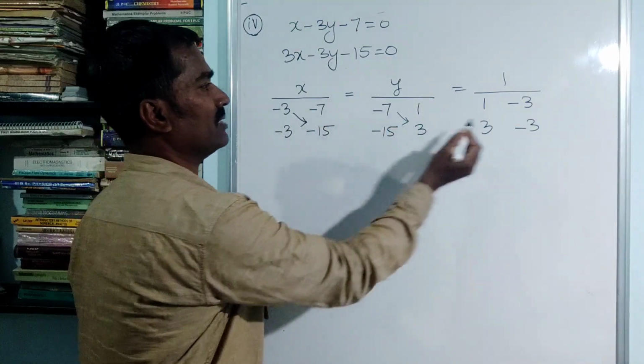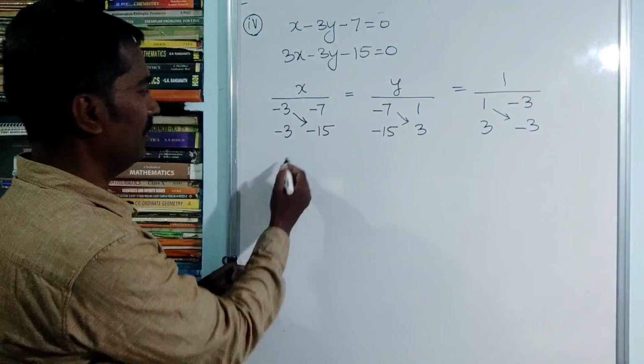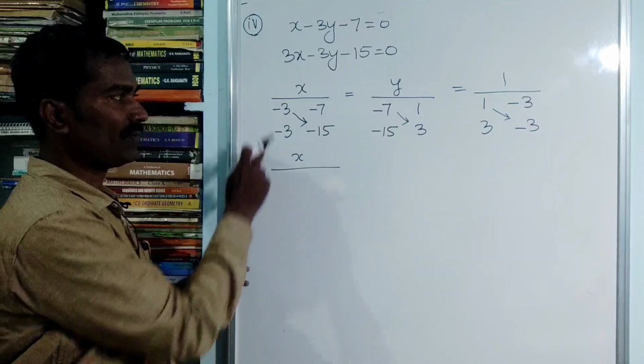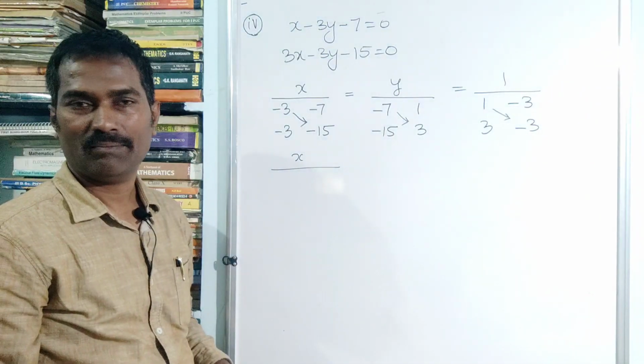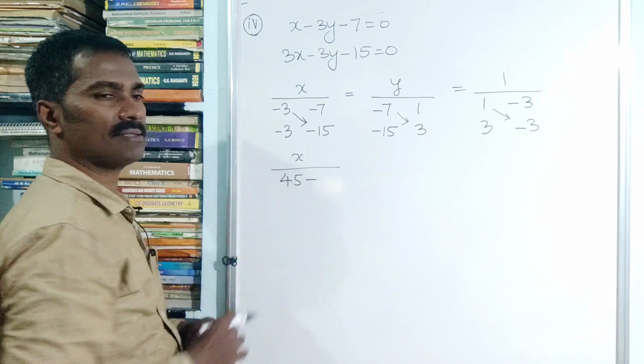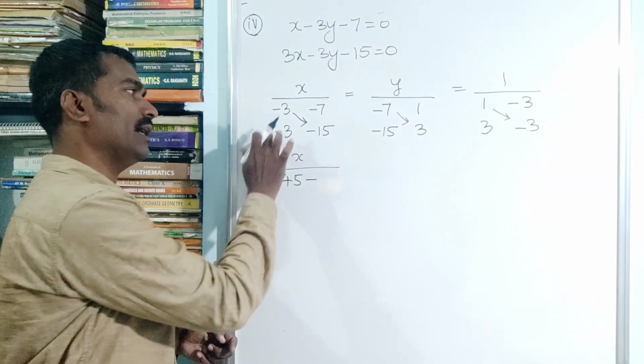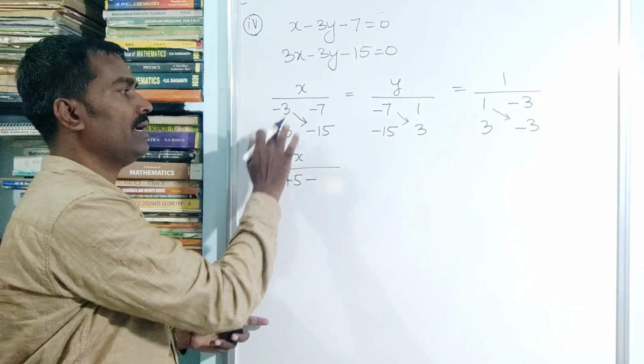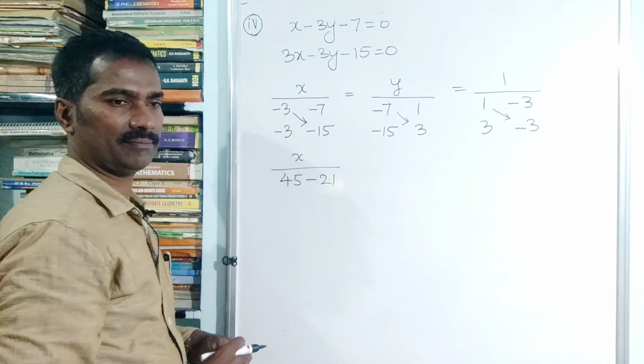For cross multiplication, it is as follows. x divided by minus into minus plus, 3 into 15, 45, minus compulsory, again minus into minus plus, 3 into 7, 21.